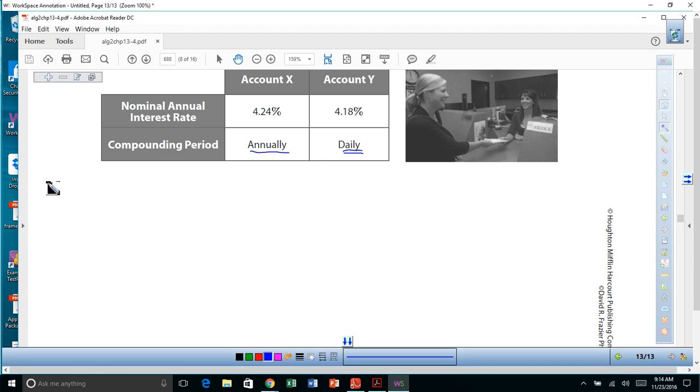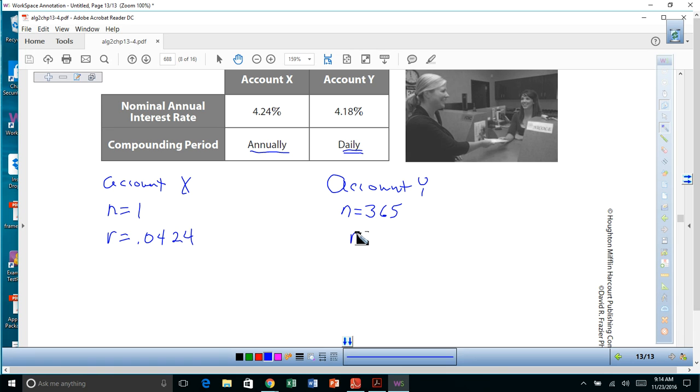So for account X, and we'll put over here account Y. All right, so n equals 1, because that's annually. Daily, n equals 365. All right, r is 0.0424. R over here is 0.0418.